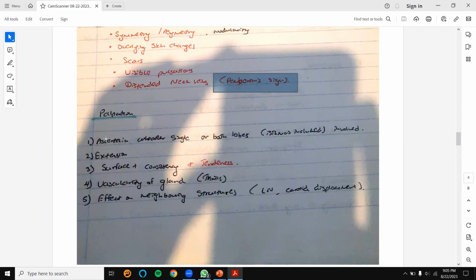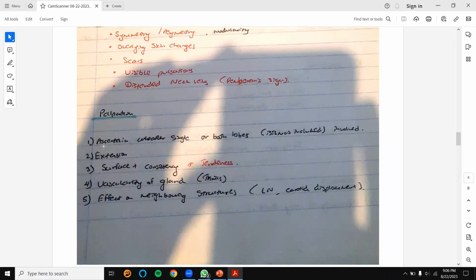When you're palpating, you need to palpate one side at a time, right side and then left side, or left side and then right side, whatever is easy for you. When you palpate, you need to be able to come to a conclusion on these 5 things. You need to figure out whether it's a single lobe or both lobes are involved: whether it's the right lobe, the left lobe, both lobes, is the isthmus also involved.